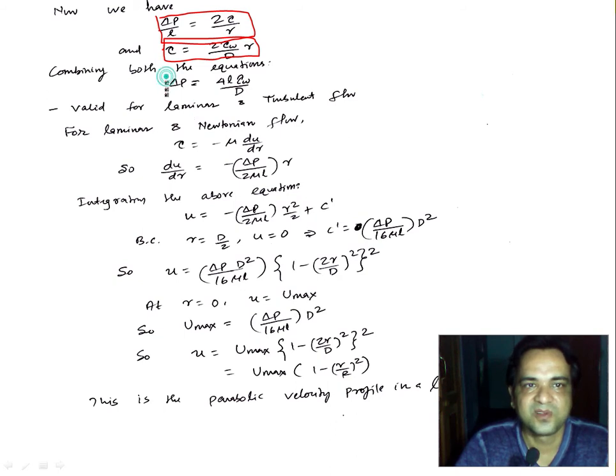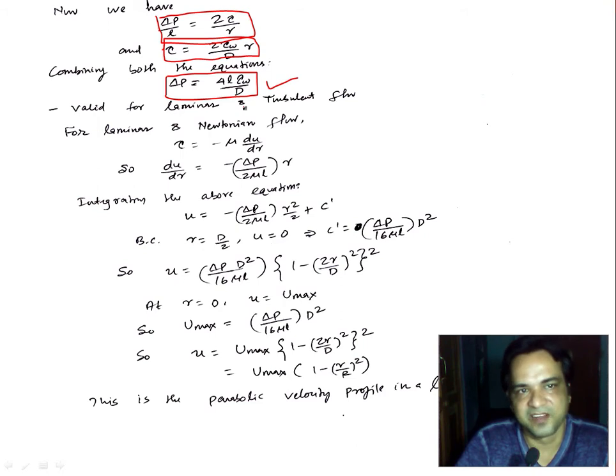So we got ΔP, the pressure drop over the length L, equal to 4 L tau_w by D. Till now we have not assumed whether the flow is laminar or turbulent, so up to this formula it is valid for laminar as well as turbulent flow. But for turbulent flow we don't have much theory, so from here onwards we cannot proceed for turbulent flow.